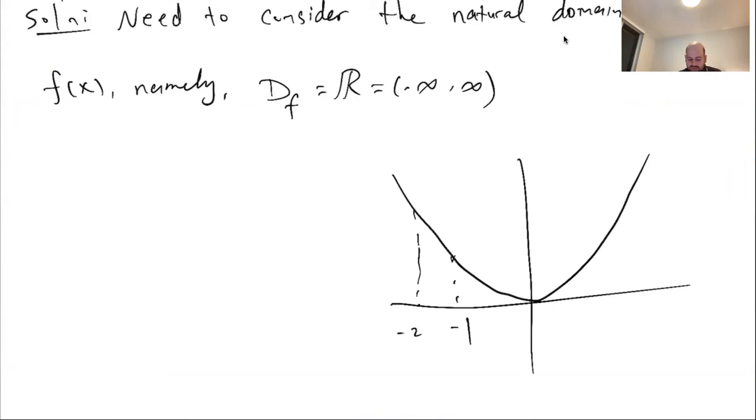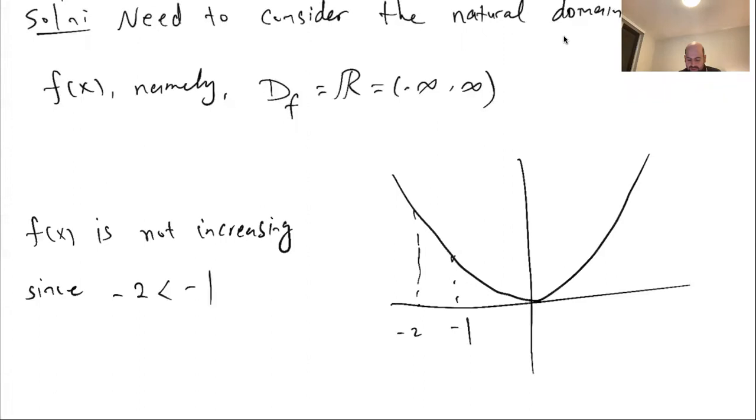See, f of x is not increasing since -2 is less than -1, but f of -2, which is 4, is not less than f of -1, which is 1.